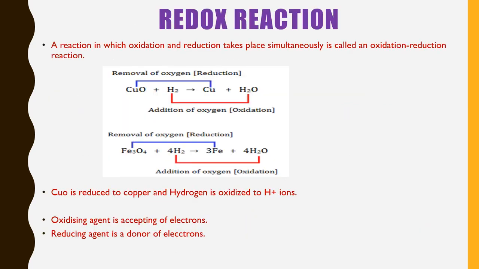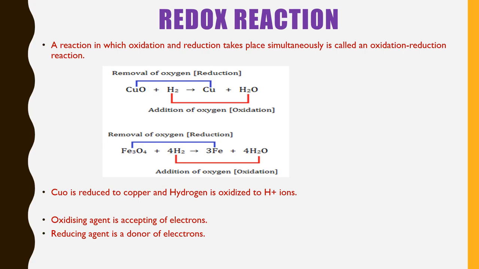The reaction taking place in the electrolytic cell, we can say it is a redox reaction. A reaction in which oxidation and reduction take place simultaneously is called an oxidation reduction reaction.